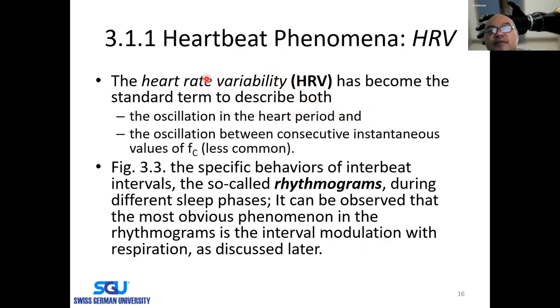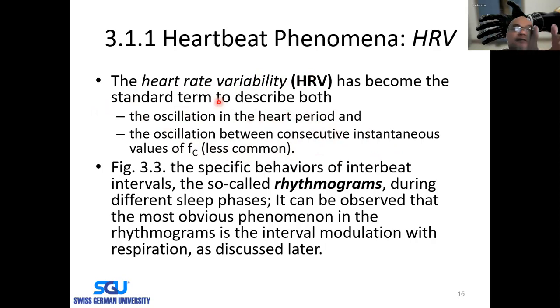So this has become a standard term to describe both the oscillation in the heart period, the oscillation of the period of the heartbeat, as well as the oscillation between consecutive instantaneous values of FC, although this definition is less common. More commonly, HRV is used to define the oscillation in the heart period.